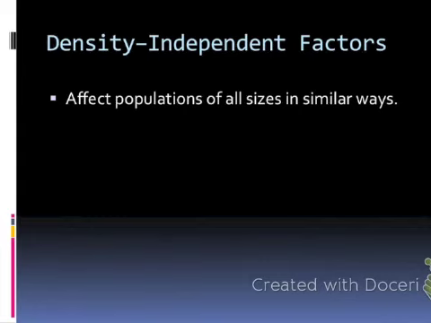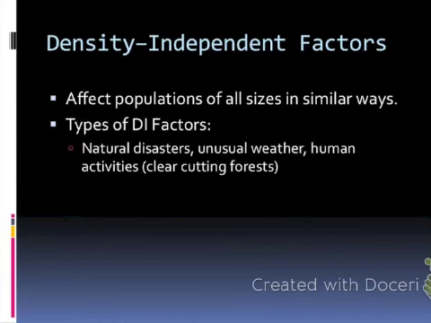As a matter of fact, they affect populations of all sizes in the same way. So we're not talking about competition here. No matter how many organisms you have in your population, when this factor occurs or takes its toll on a population, it will have the same impact.